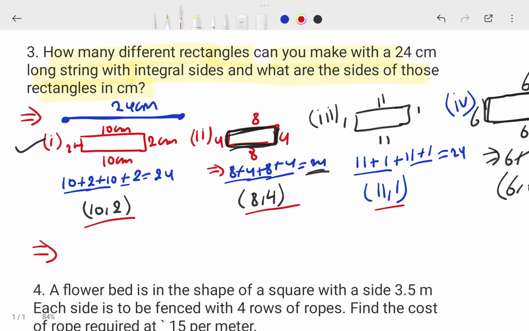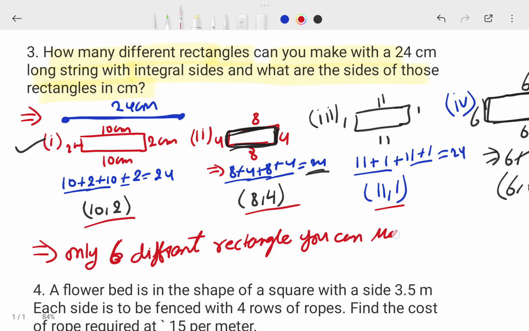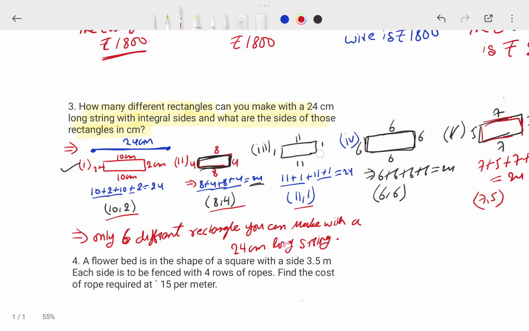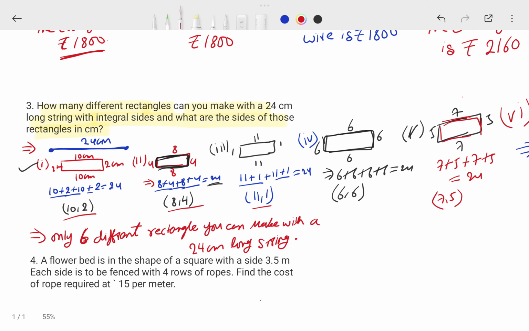So the answer is that only 6 different rectangles you can make with a 24 centimeter long stick. Okay, over. I hope this question is totally clear to you. You don't have any kind of doubt.